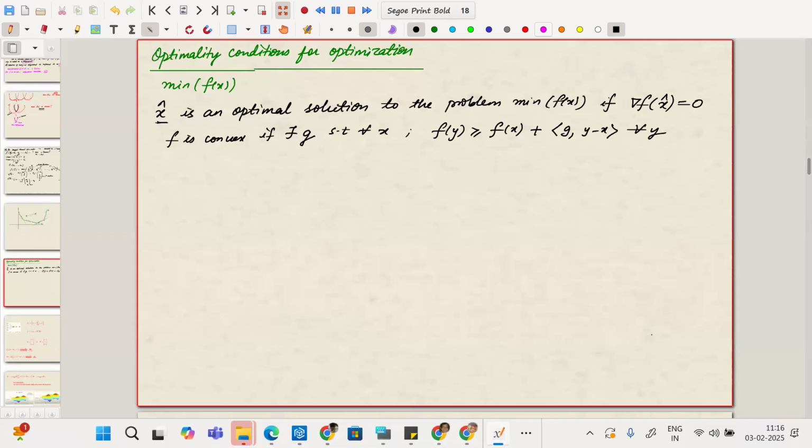This was the idea. Now I suggest grad f can be a candidate for that g.